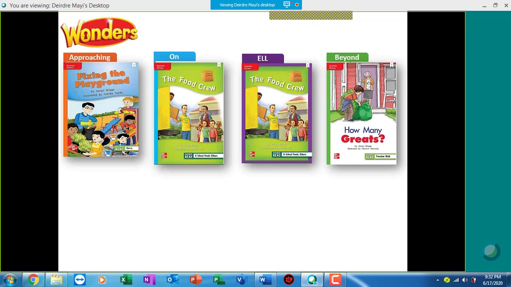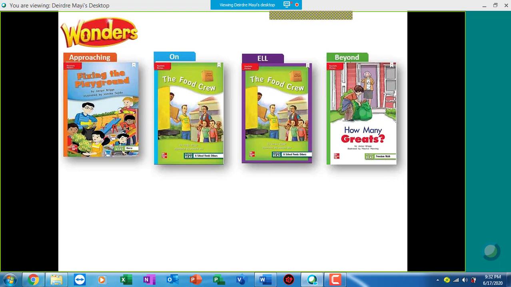On weeks where you have fictional leveled readers, you will always have 3 titles. One for approaching, the on and ELL will share a title, and the beyond level will have its own title. Well, what happens on weeks where the title is nonfiction? All 4 titles will be the same. We will simply render the content over the 4 levels.